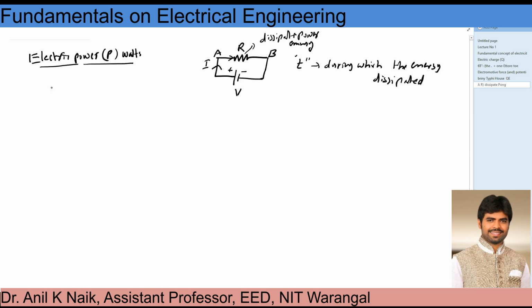Then my electrical power can be defined as the rate of energy consumption. The rate of energy consumption is called my power. So I can write my P as the rate of energy consumption for a given unit time.